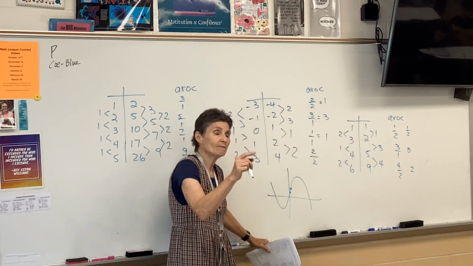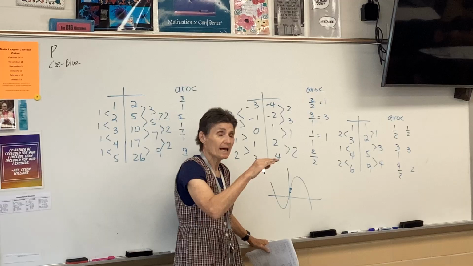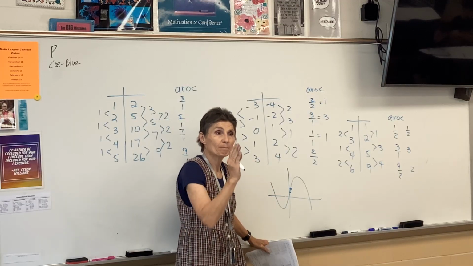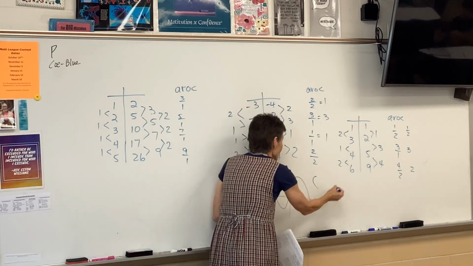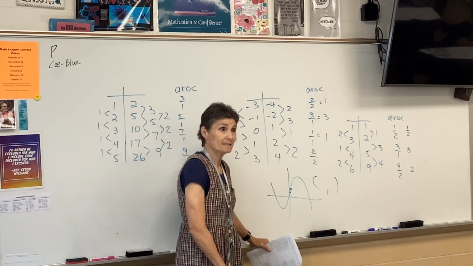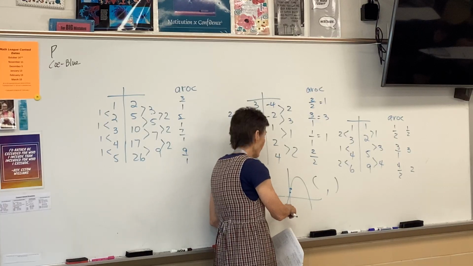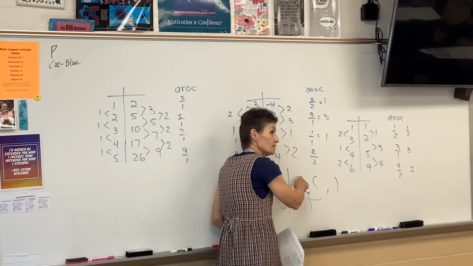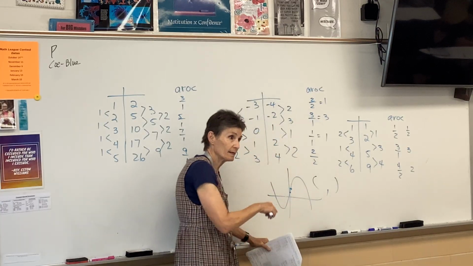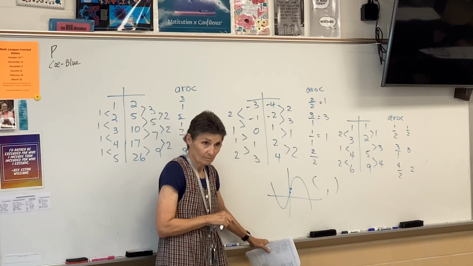But a point of inflection is a point. It's not x equals something, it's a point. And then, what does that point tell me? Well, that is the place where the concavity changes. It goes from being concave down to being concave up. Got it?